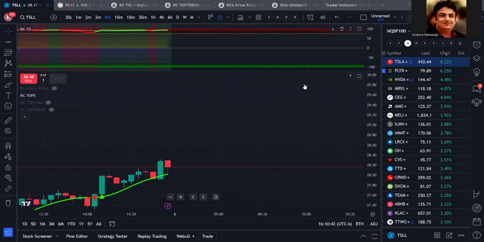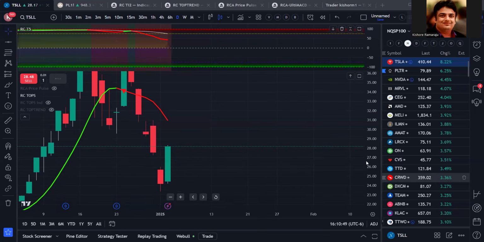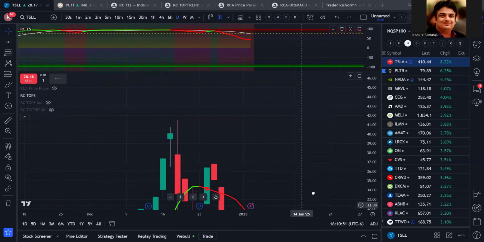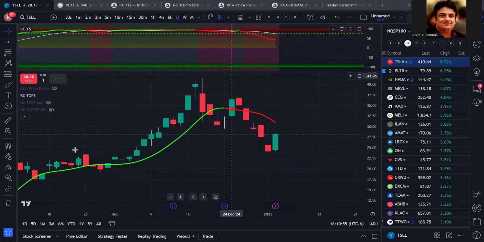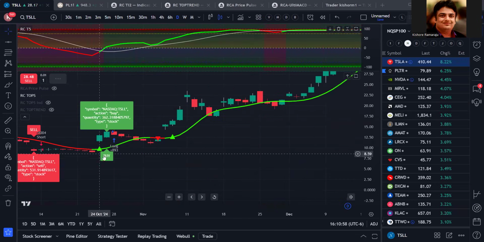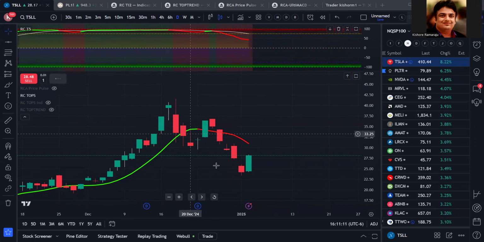Yeah, you can use it even for 1 hour, 1 week, daily. If you are an investor, you can do it on bigger time frames. Right here, it bought at $9. If you used it on the daily chart for PSLL, when it was around $9 the algo bought it, and it is still holding because it sees that it is still bullish.